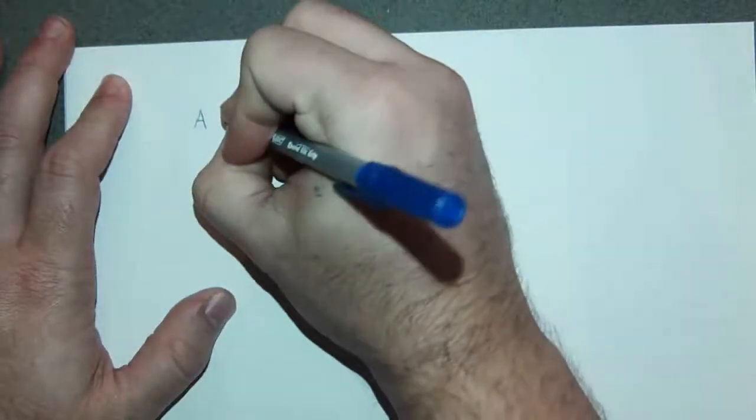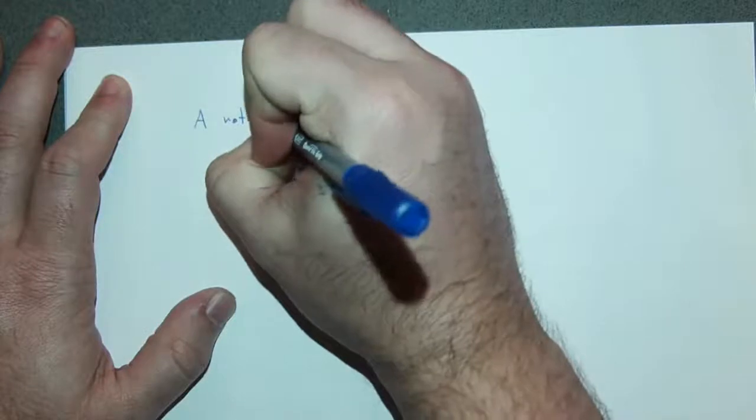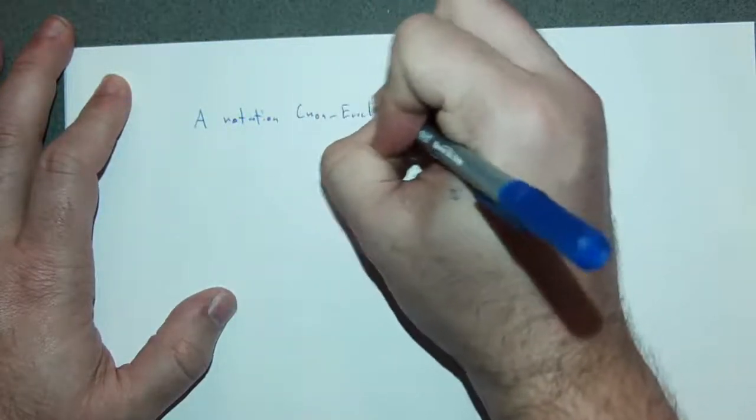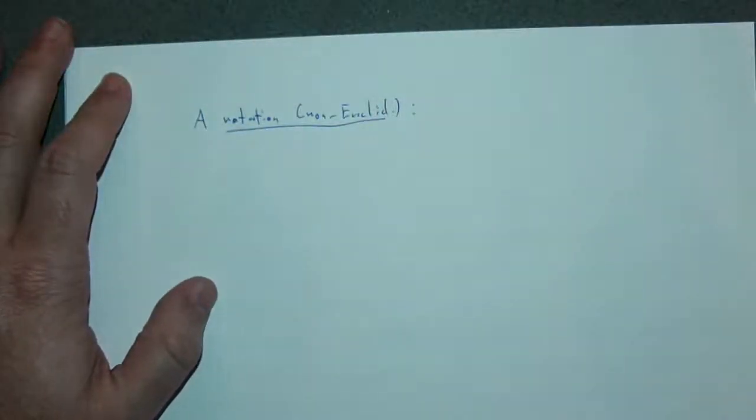Let's see what rotations look like. So a rotation, this is the non-Euclidean analog. What does a rotation look like?